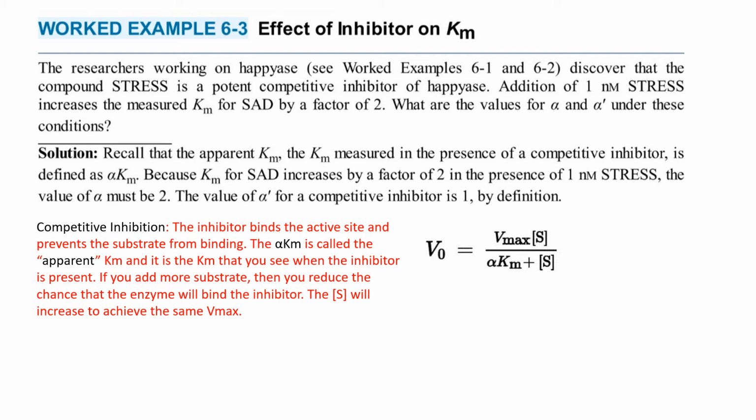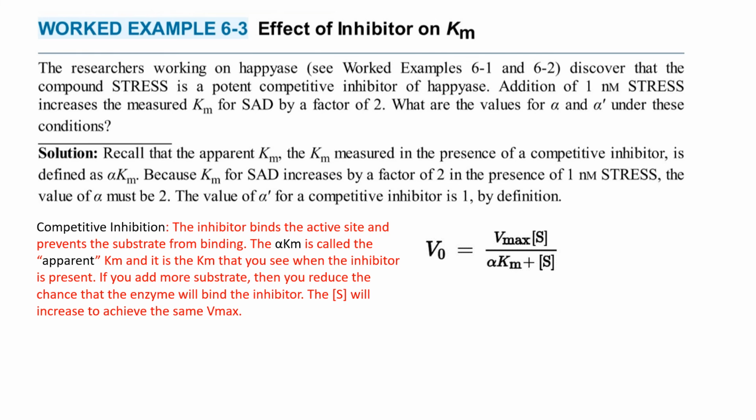If you add more substrate, then you will reduce the chance that the enzyme will bind to the inhibitor. Okay. So V naught is equal to Vmax times substrate concentration divided by the alpha Km plus the substrate concentration.